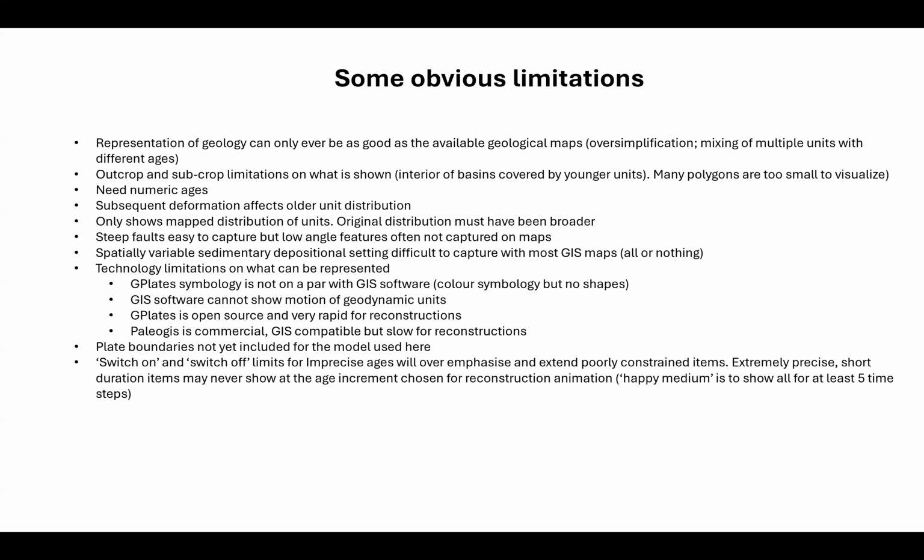Whereas if you had a very precise age, say plus or minus 0.2 million years, and you were stepping every 5 million years, you would never actually see it switch on. So the happy medium I've found is to make all of those appear on for a set number of increments in the model, and I'd ideally screen to primarily use only the precise data, not the very imprecise data.